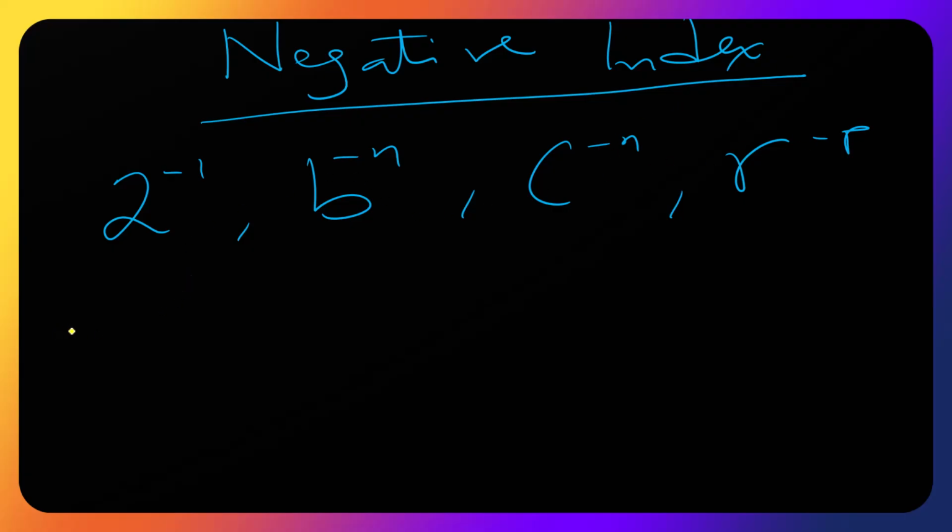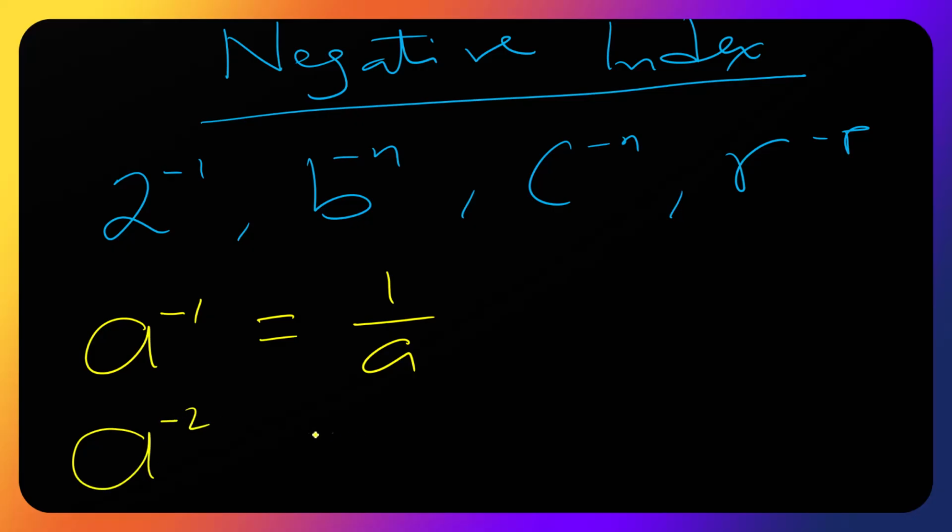Now, when you see a exponent minus 1, it's the same as 1 over a. So 1 over a, going back, is the same as a exponent minus 1. Now a exponent minus 2 will still be 1 over a to the power of 2.